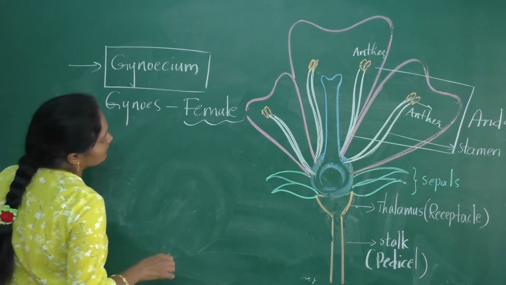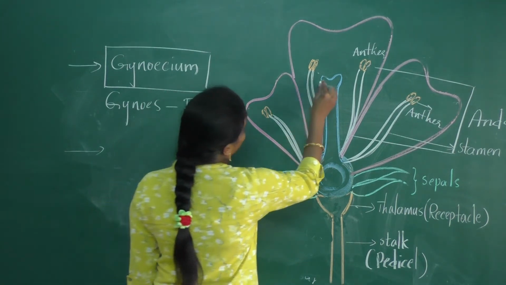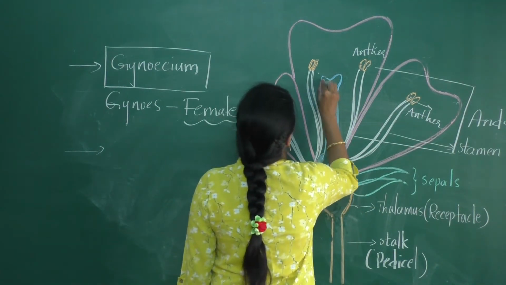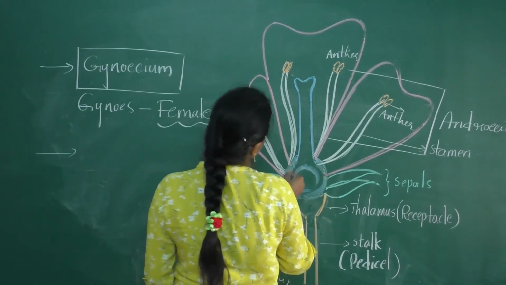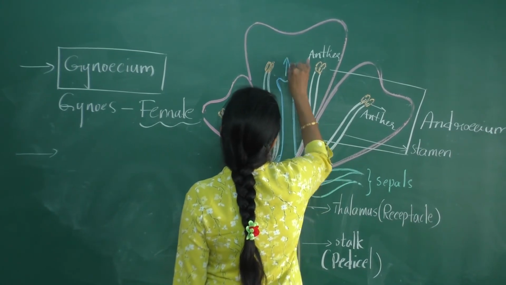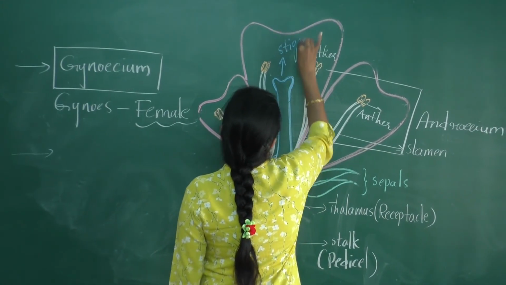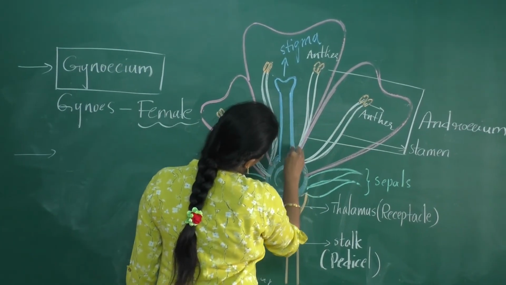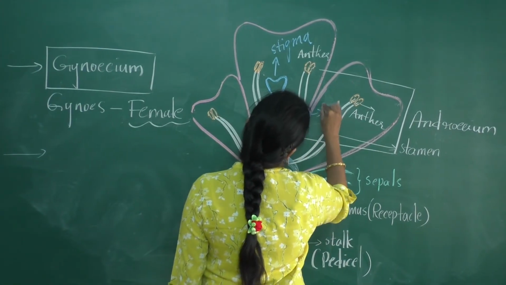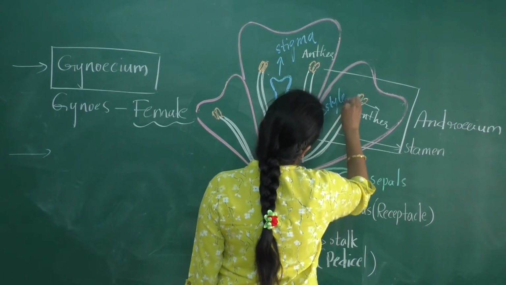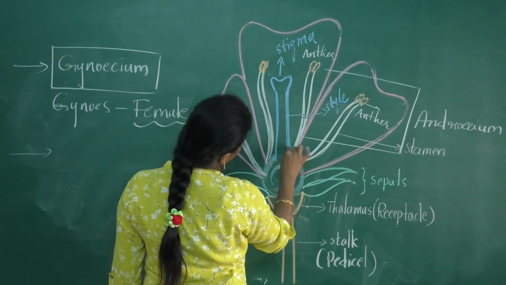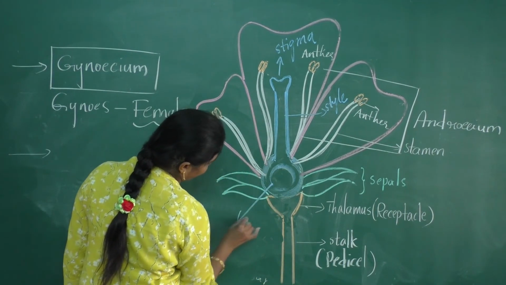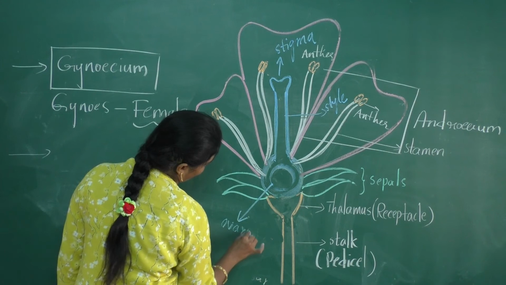It consists of three parts. So here you are seeing, no, this bulb-like structure is stigma. Here also a stalk-like structure is there. That is called style. So this style will attach the stigma to the ovary. This is ovary.